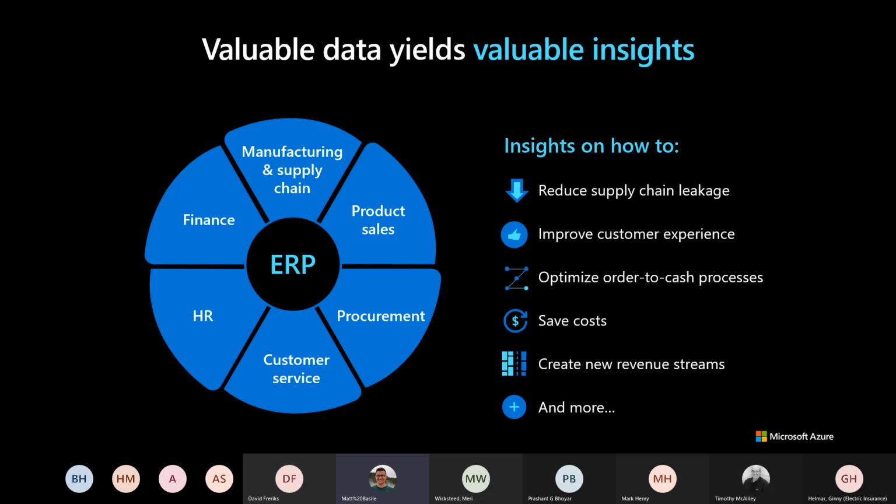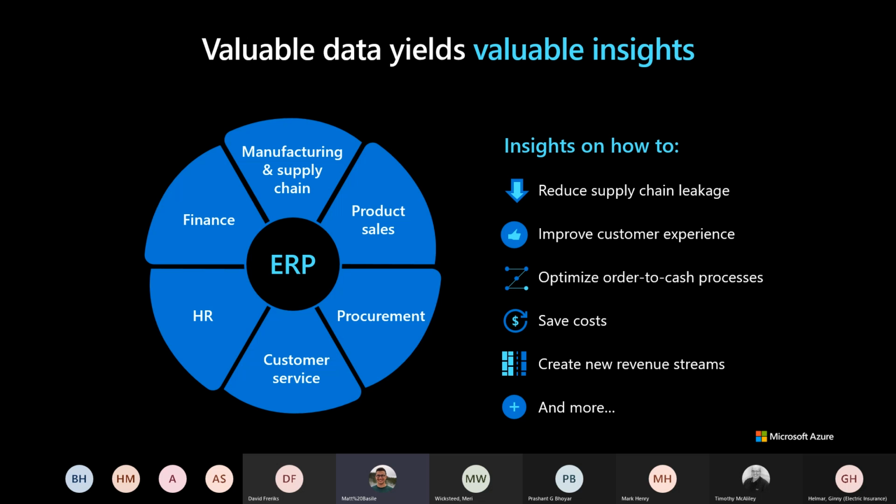It doesn't matter if you understand the customer experience if it takes you weeks or months to get back to them. And same with reducing supply chain leakage. You may need to get incredibly granular to understand the minute problems in individual regions or even distributors to understand how to optimize these processes.